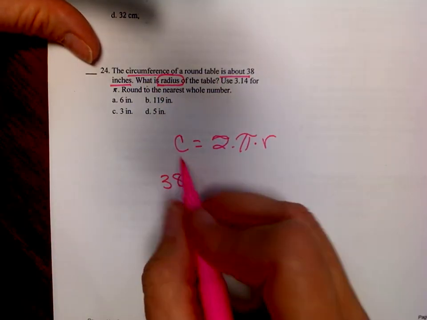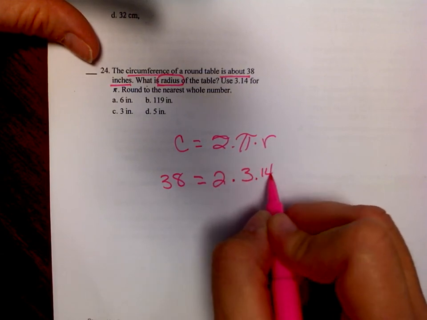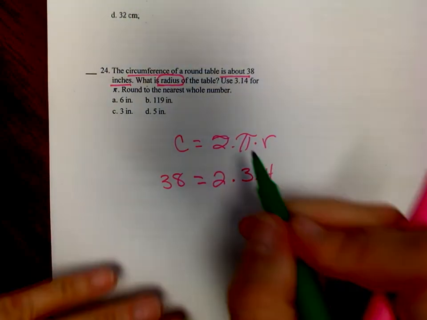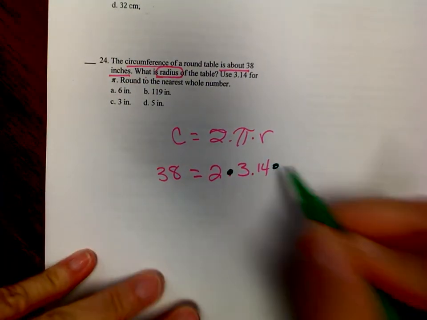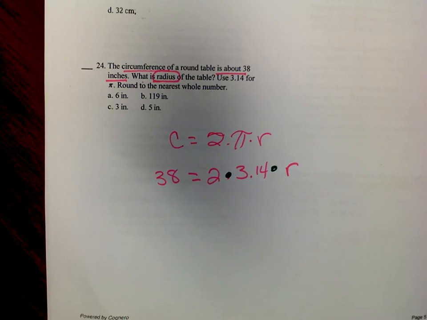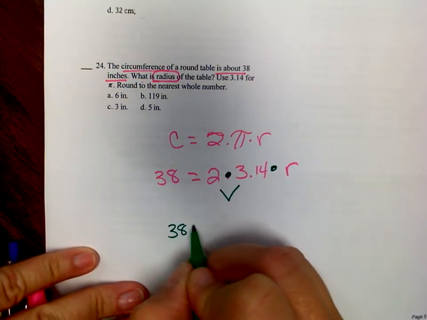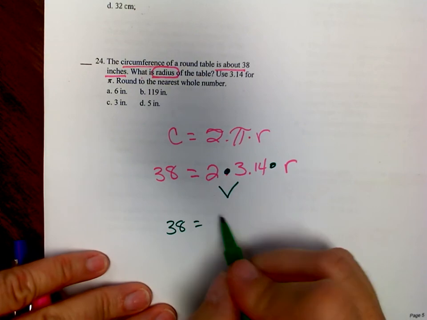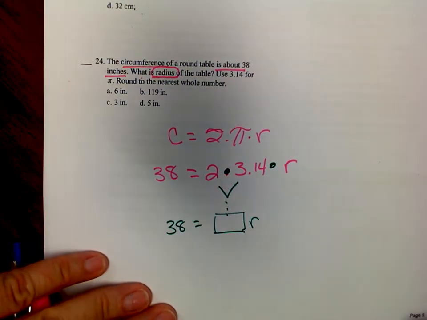It gave us the circumference. Okay, 2 times 3.14, I'm going to make the times sign green so you know it's multiplying, times r. Now, what we're doing is solving a two-step equation for r. Multiply those two together. Okay, so that's going to come to this answer, and that's by r.